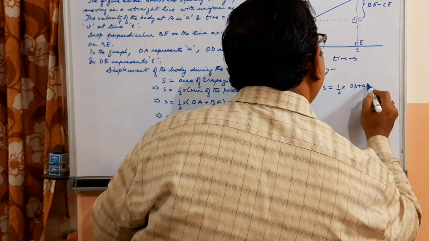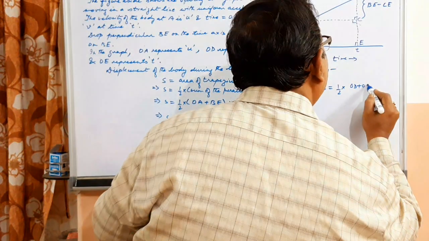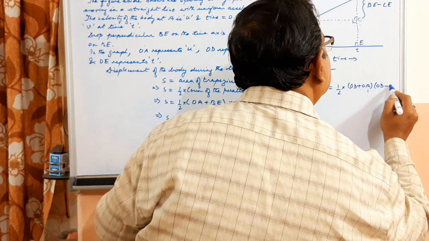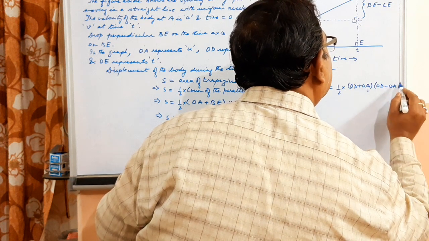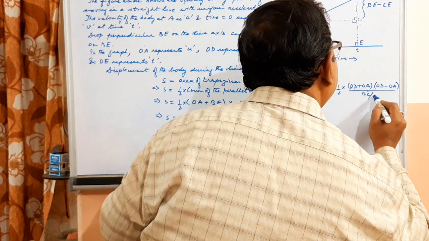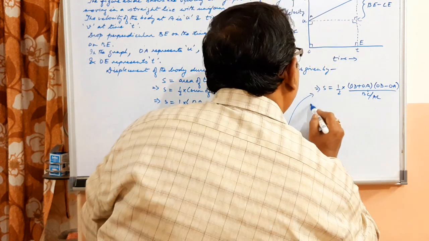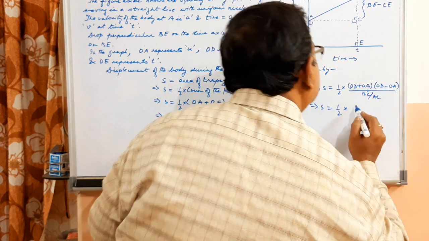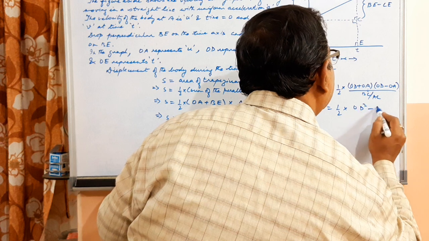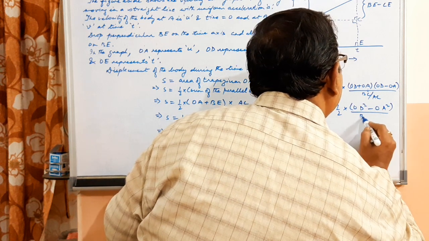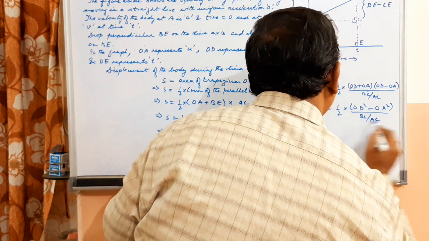Now from here I can write, this implies S is equal to half of OD plus OA into OD minus OA divided by BC by AC. This implies S is equal to half of OD square minus OA square by BC by AC.